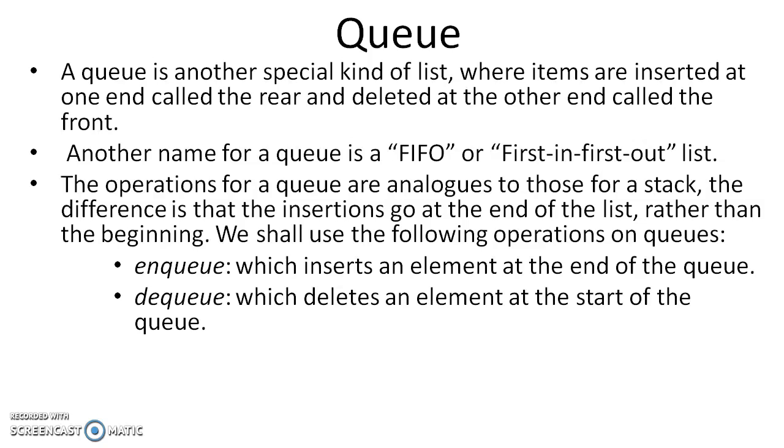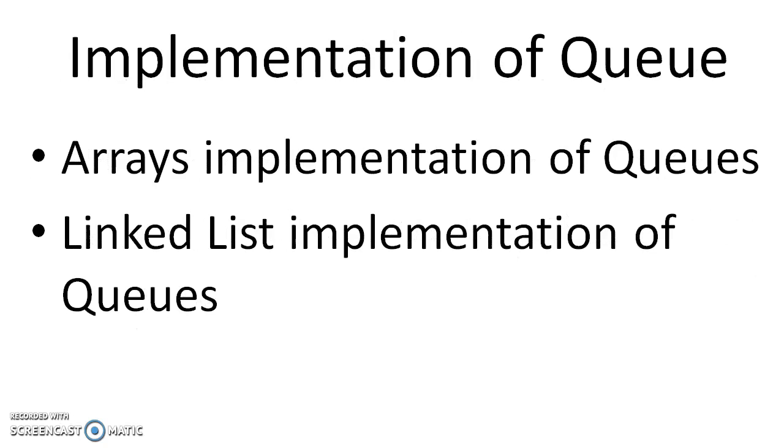The enqueue operation is used to insert an element at the end of the queue, and dequeue is the operation used to delete an element from the start of the queue. The queue data structure is similar to the general queues we see near cinema theaters.